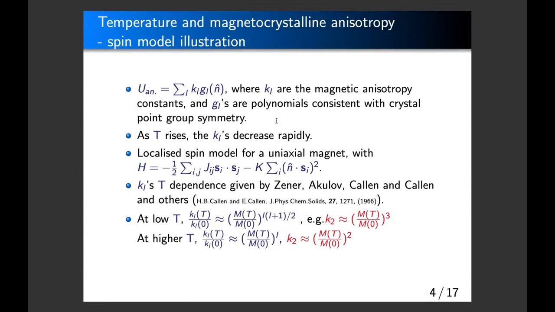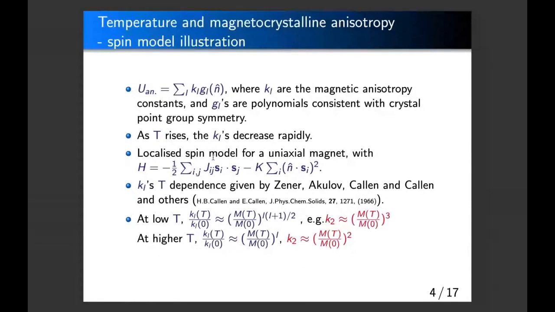One can see this for yourself by looking at a model Hamiltonian for a magnet. There it is in terms of a Heisenberg exchange term, and then a term that captures this anisotropy. This is where there's an energy variation depending on whether the spins are parallel or perpendicular, for example, to some crystallographic direction n.